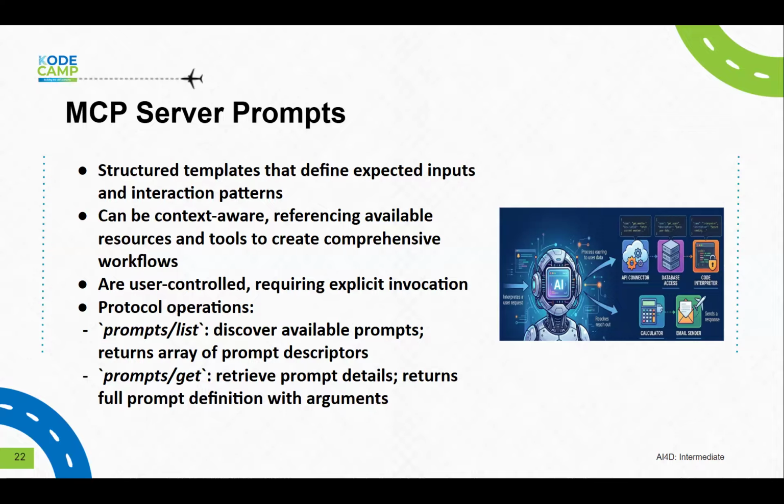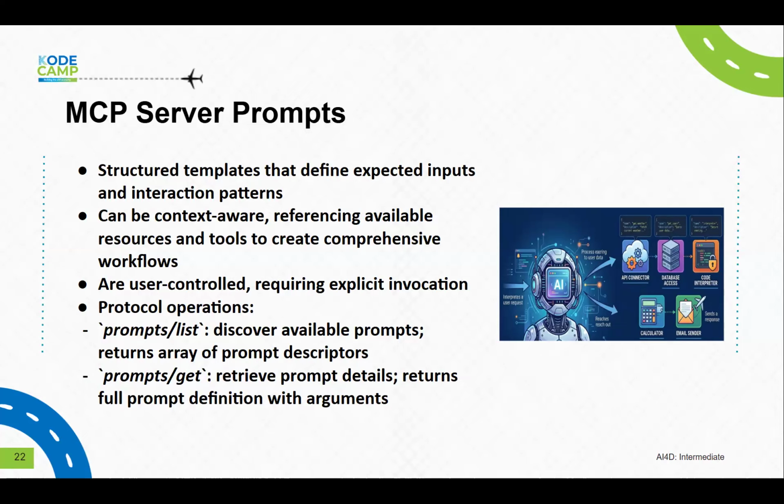So they are like structured templates, essentially prompt templates, right? They can be context aware in that they can reference the available resources and tools, thereby enabling the creation of very comprehensive workflows on the server.